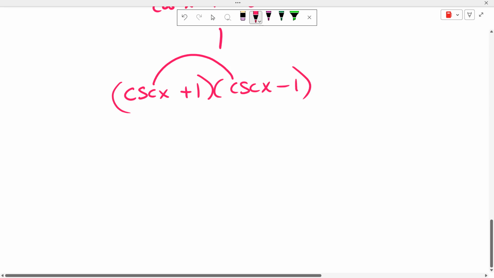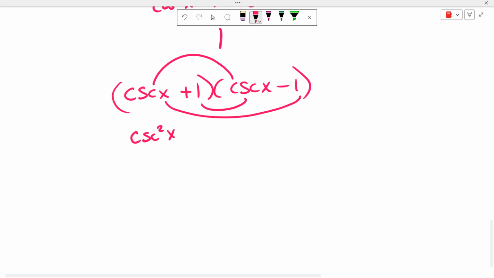So if we FOIL this, I get cosecant squared of x. Outers and inners are going to do what? Cancel. These are conjugates. Okay, remember from Algebra 2, a conjugate is the exact same binomial except for it has the opposite sign in the middle.